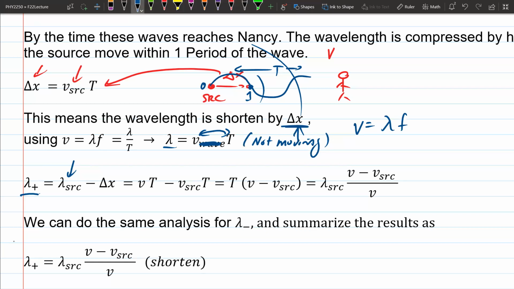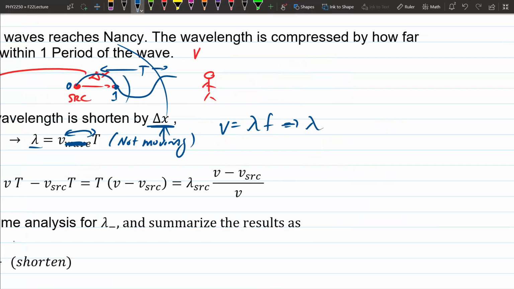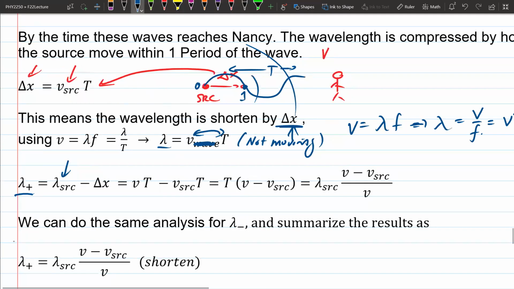If we solve this for lambda, lambda is v over f, and remember, f is just 1 over the period. So this equation makes sense.